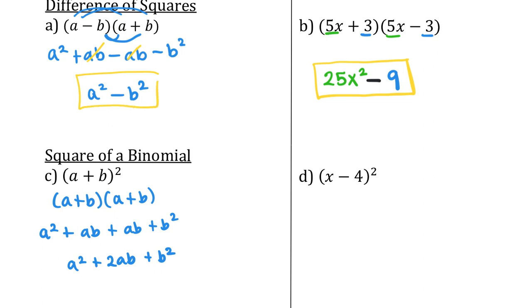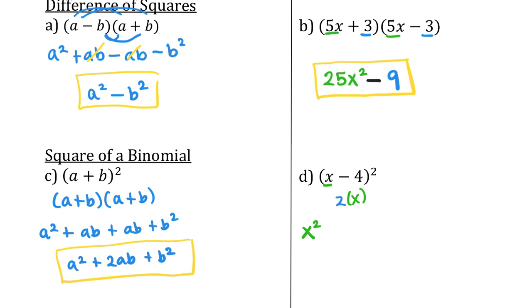Okay, now some people like to figure out the pattern for this so that they don't have to multiply it out every time, and you're welcome to do that as well. Okay, the first term is going to be a squared. What's a? a is this thing right here. So if I do x squared, I get x squared. Okay, now the middle term is 2ab. So I'm going to do 2a.